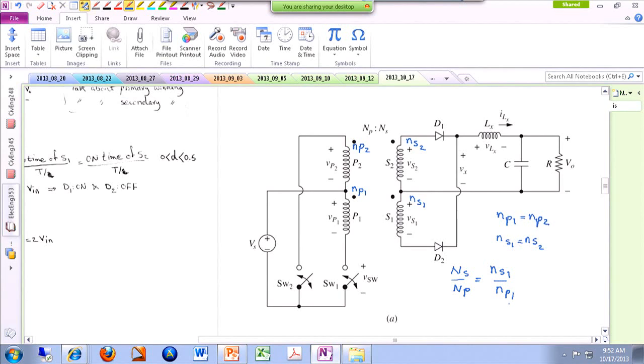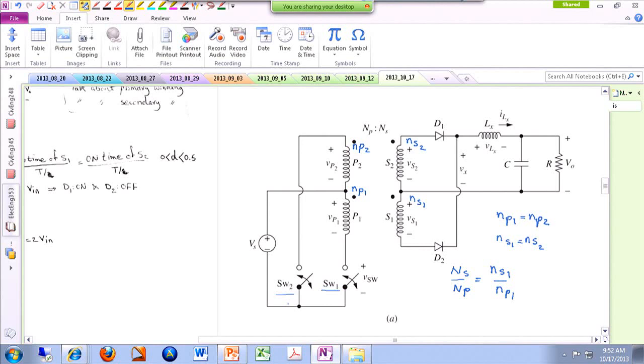They are all proportional with each other. So these are the things that we have to consider. We have two switches, switch number 1 and switch number 2. Since we are using S as the secondary index, we are using SW for the switches, so SWs are appearing over here.